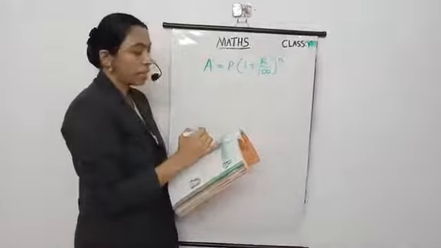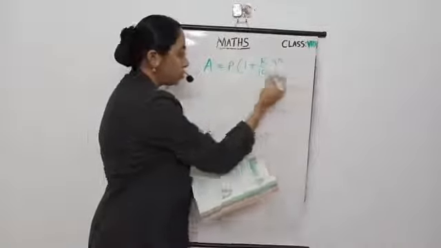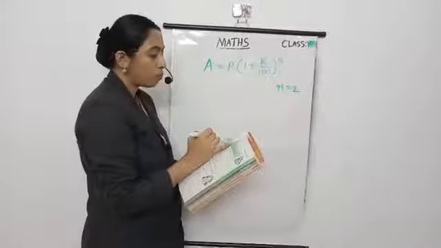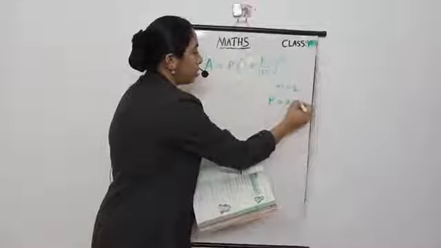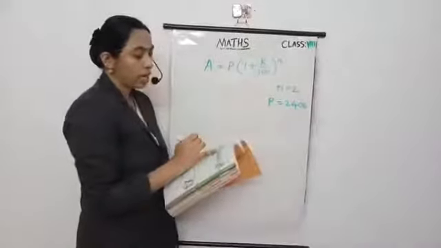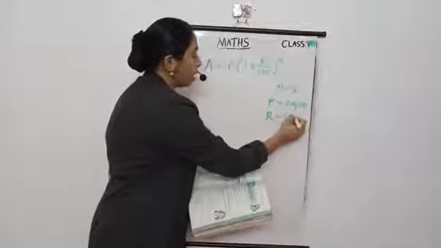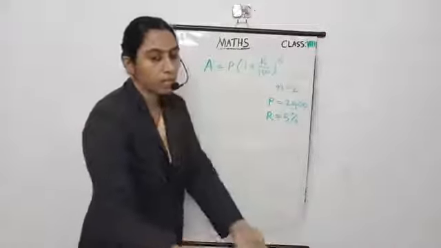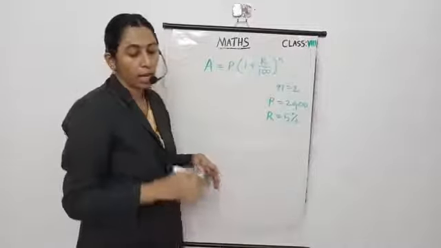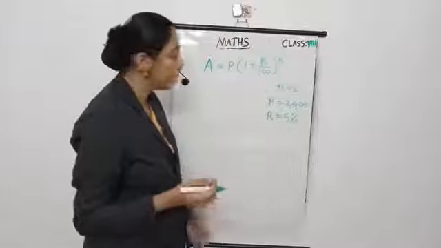Now at the end of 2 years, that means N equal to 2, on rupees 2400, that is principal is 2400, at 5 percentage rate, means R equal to 5 percentage per annum, means yearly. Compounded annually means compound interest yearly.